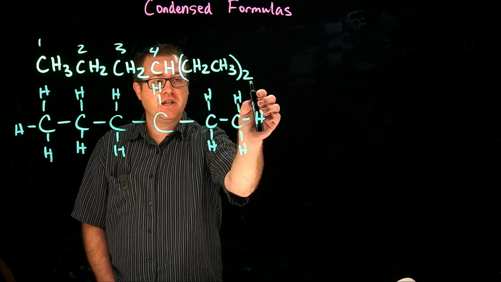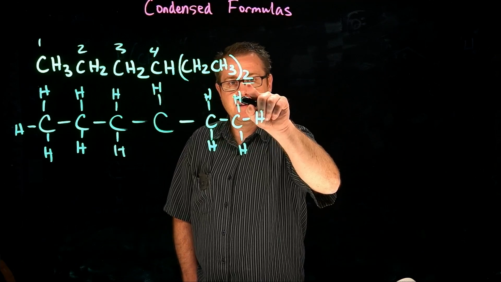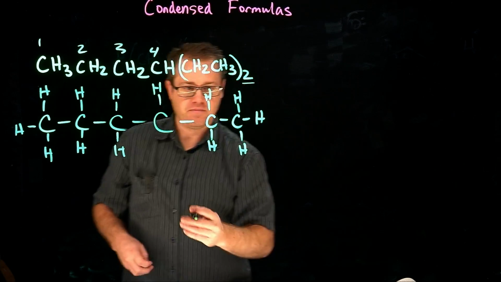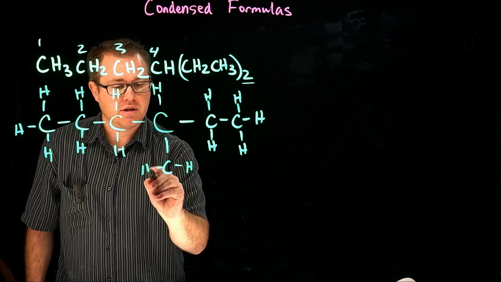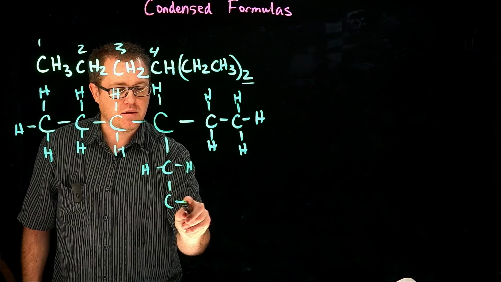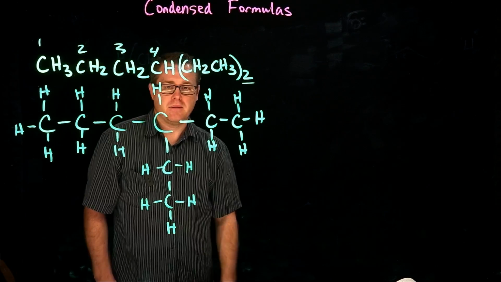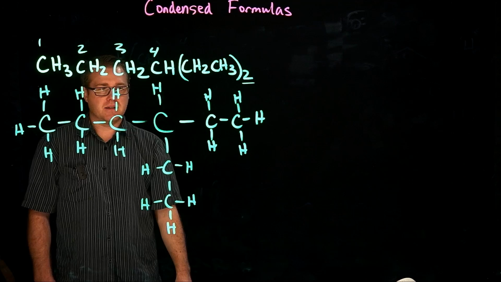So we have to pay attention to the subscripts of these parentheses. You see how that says there's 2 of them? There's 2 ethyls. So we would have to attach another ethyl to carbon 4. And so there it is.